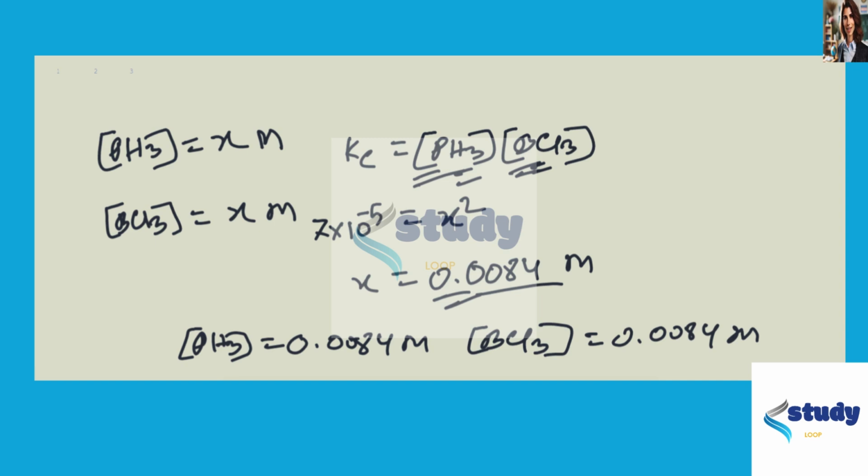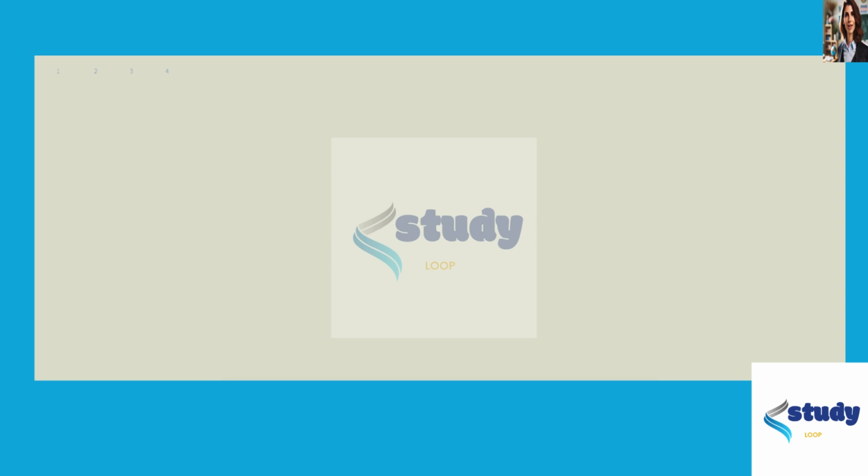Now since we are adding an extra amount of BCl3, which is 0.05 gram, we have to calculate the concentration for this. First we find the number of moles of BCl3 for the added mass, that will be 0.05 gram over the molar mass of BCl3, which is 117.7 gram per mole.